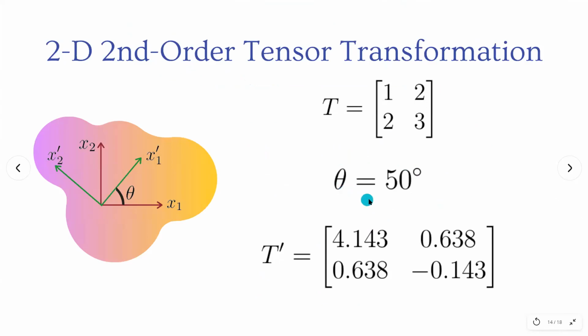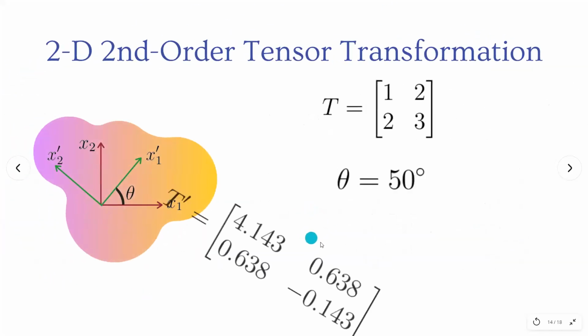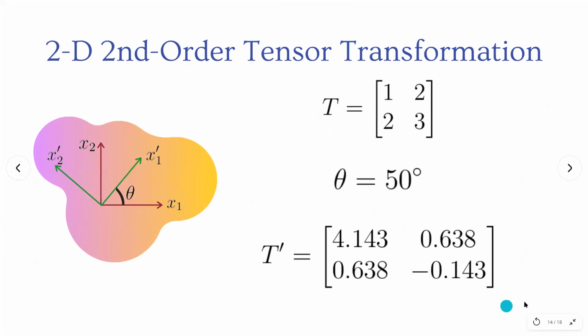If you plug all those into this equation, you will get all the components of the transformed tensor, the prime tensor. This is the answer. You might want to check it out and try it to verify.